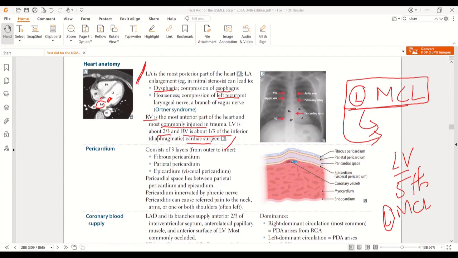The inferior surface of the heart is about two-thirds left ventricle and one-third right ventricle.